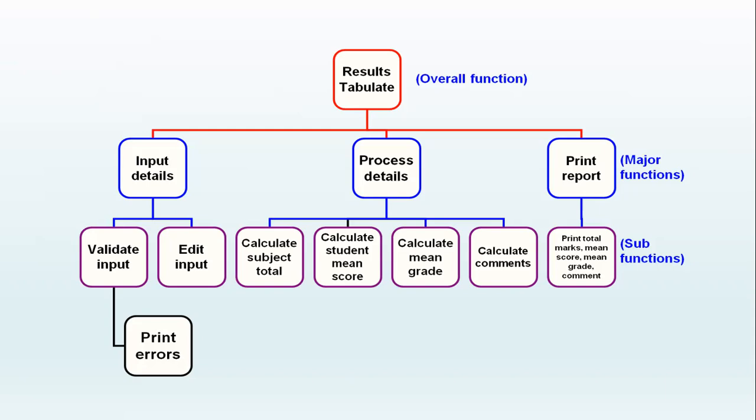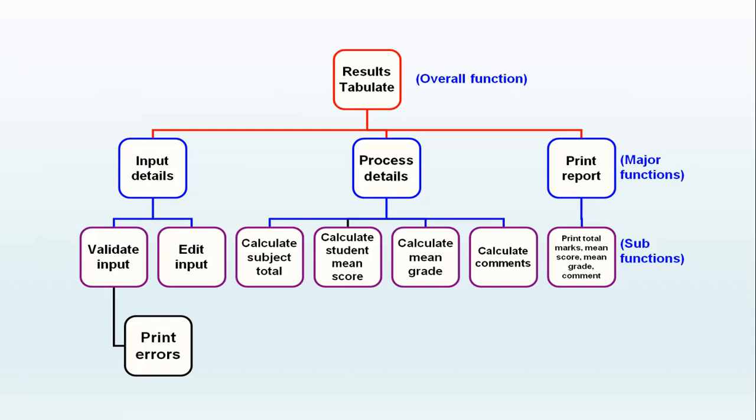For example, the input details major function has been broken down further to the sub-functions for validating input and editing input. Then the process details major function is broken down into calculate subject total, calculate student mean score, calculate mean grade, and calculate comment sub-functions.